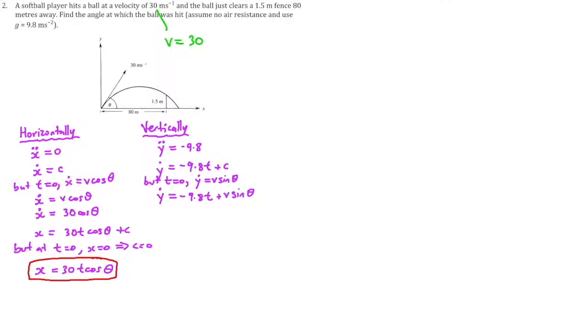But I know v for this question is 30. So it becomes minus 9.8t plus 30 sine theta.